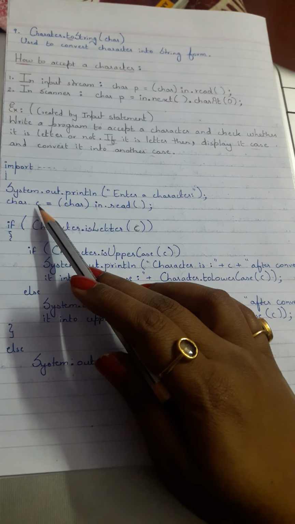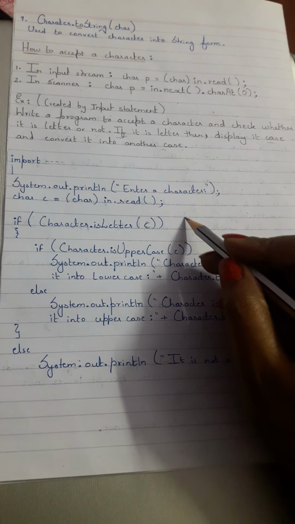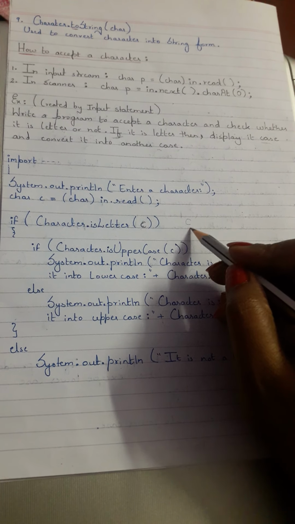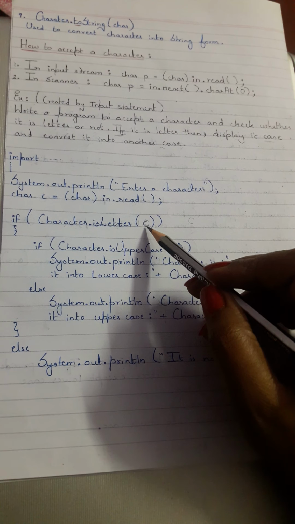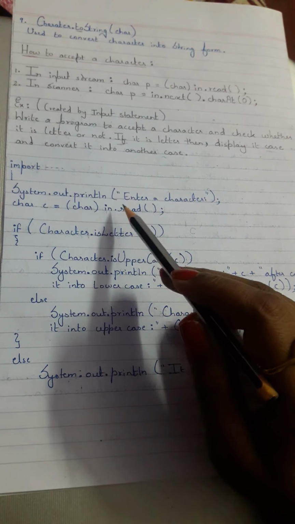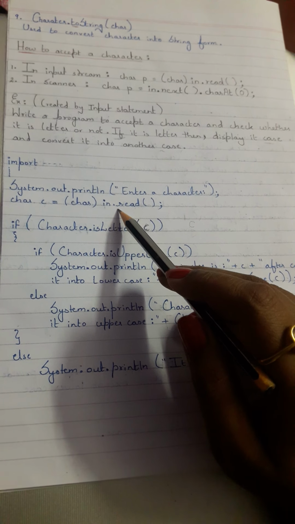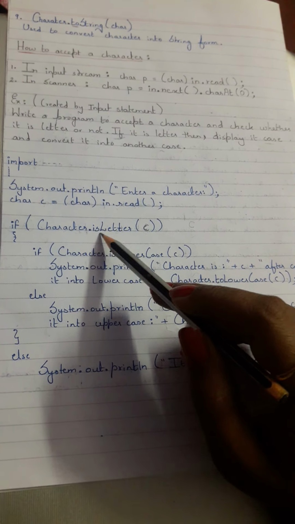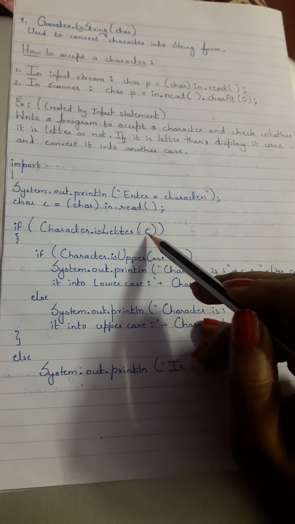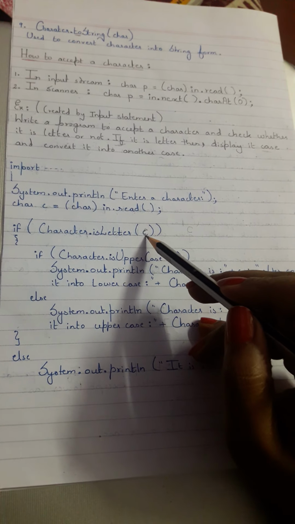Now it is a variable, but if I had written single quote c, it would mean I'm writing one character here. Now I have written c as a variable which contains a character. Character.isLetter checks what is present inside this c variable.